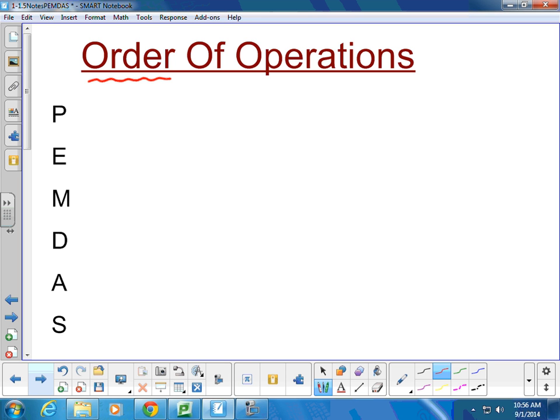So P stands for parentheses. Obviously we know parentheses look like that. Sometimes they're going to actually look like brackets, and there's maybe a series of numbers or a certain operation within there that we have to complete first. So anytime you see parentheses or those brackets, that means there's something to complete in there first.